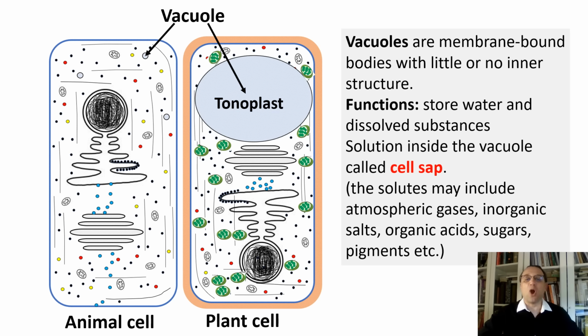Of course, if a herbivore should eat the plant and crush the cell, it will not only get food, but stored poisons. Let's not forget another important function of vacuoles in plants, that is physical support. A high concentration of dissolved substances in the vacuole can cause water to rush into the cell through the process of osmosis.